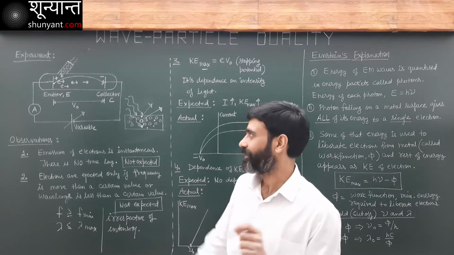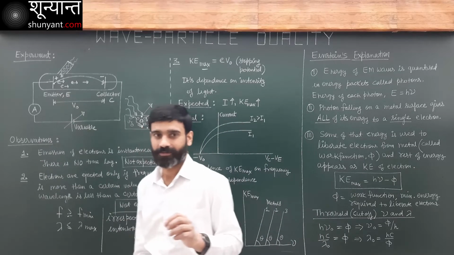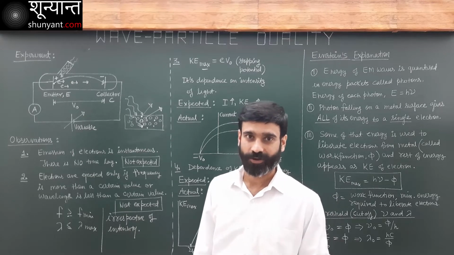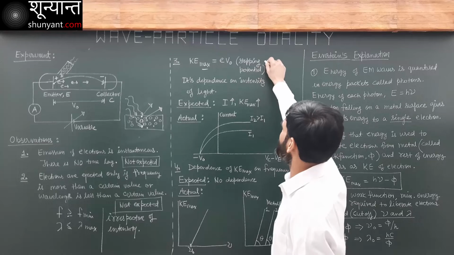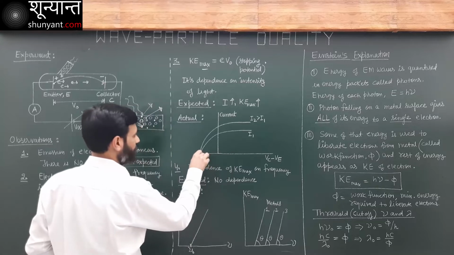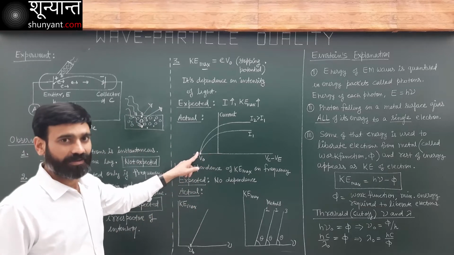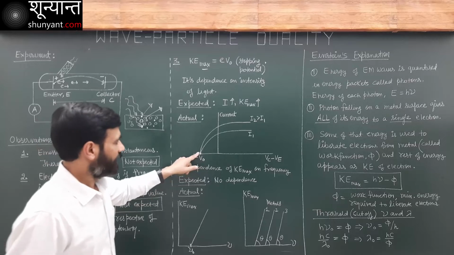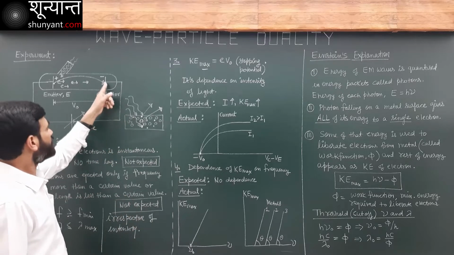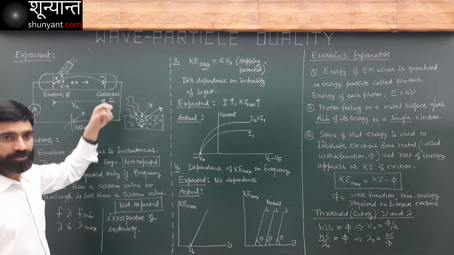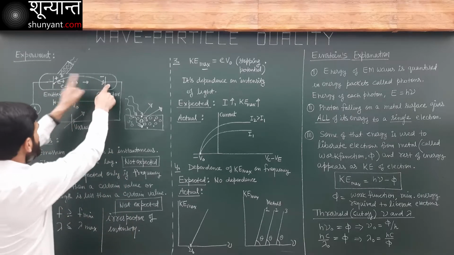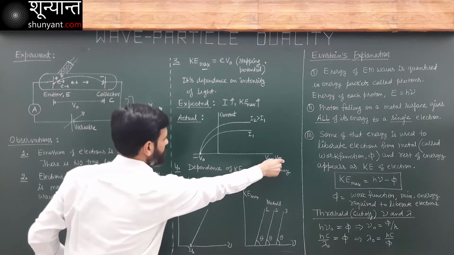So the potential difference between these two plates, which can stop even the most energetic electrons, is known as stopping potential. It is indicated by this point here. So at a certain negative potential, that means to stop the electrons, this collector should be at negative potential with respect to the emitter. The potential difference, collector minus emitter, should be negative.